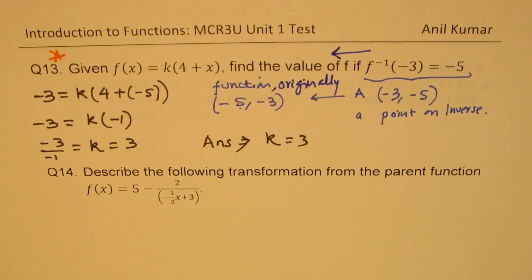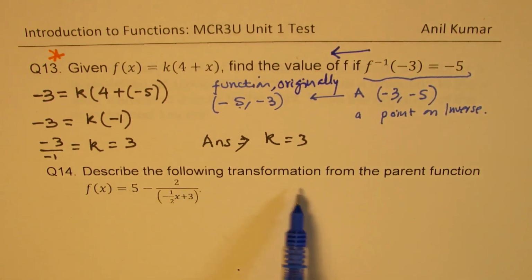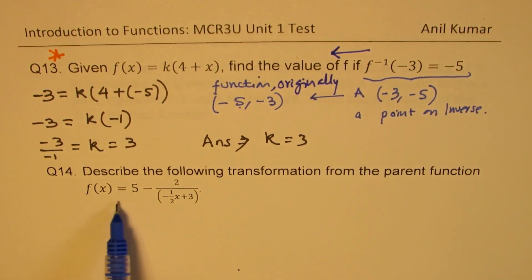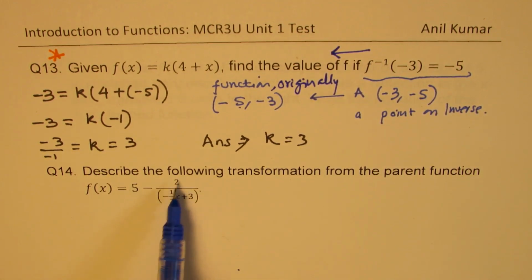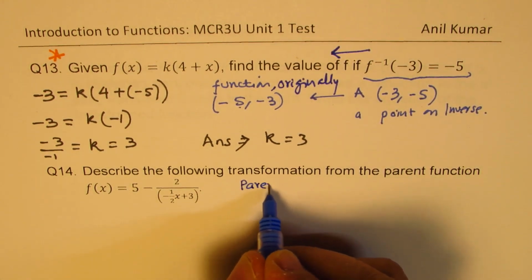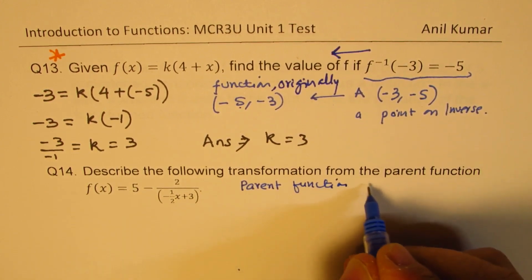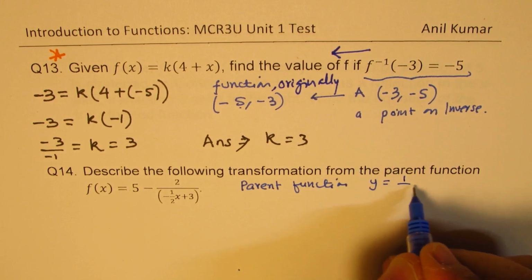We'll have a couple of questions based on transformation of functions. Question number 14: describe the following transformation from the parent function. f of x equals 5 minus 2 over minus half x plus 3. The parent function here is y equals 1 over x.